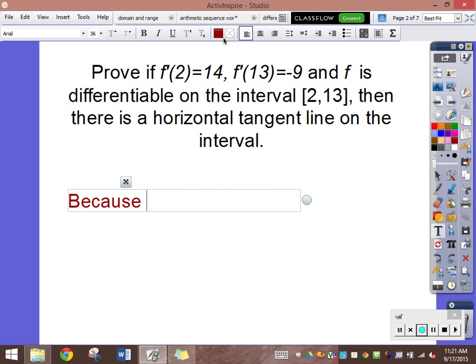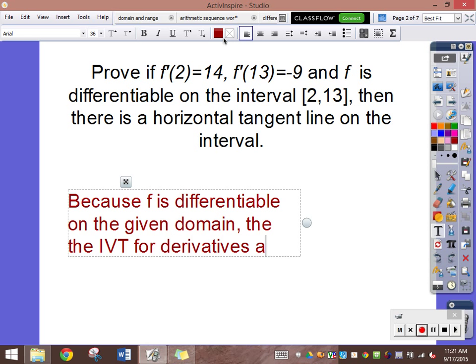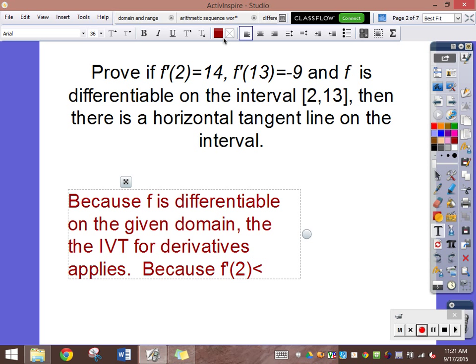So because f is differentiable on the given domain, then the IVT for derivatives applies. Because f prime of 2 is less than 0.